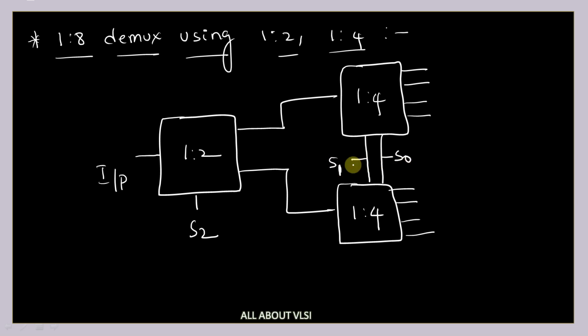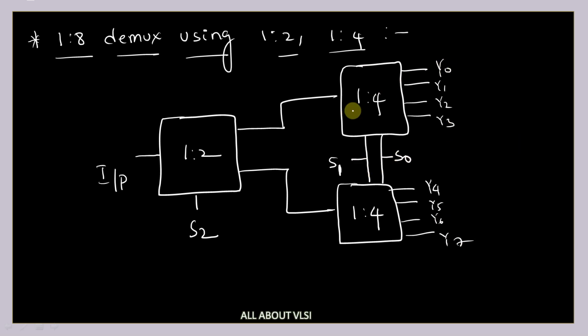So if S1 and S0 is equal to 0 0, then this output will be connected to this demultiplexer. Here you are going to get Y0, Y1, Y2, Y3, Y4, Y5, Y6, and Y7. If S1 and S0 are equal to 0 0, then Y0 will be connected.